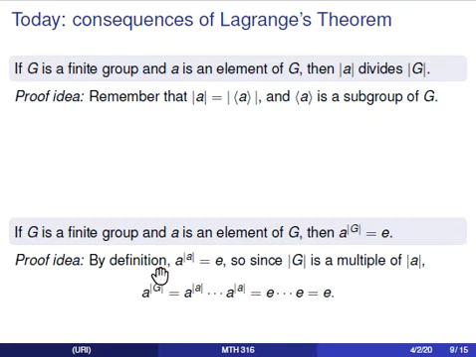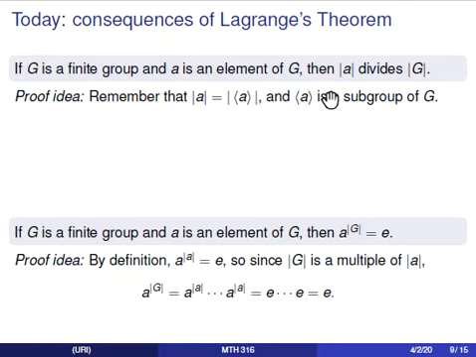If you were to think about the smallest number of A's you'd need to make the identity, that's the order of A. Remember, this is how we defined the order of an element. It's the fewest number of times you take that element, put it together with itself, and get the identity back.